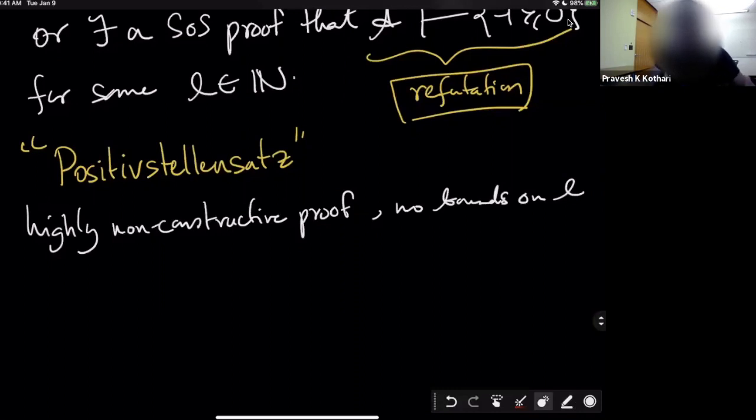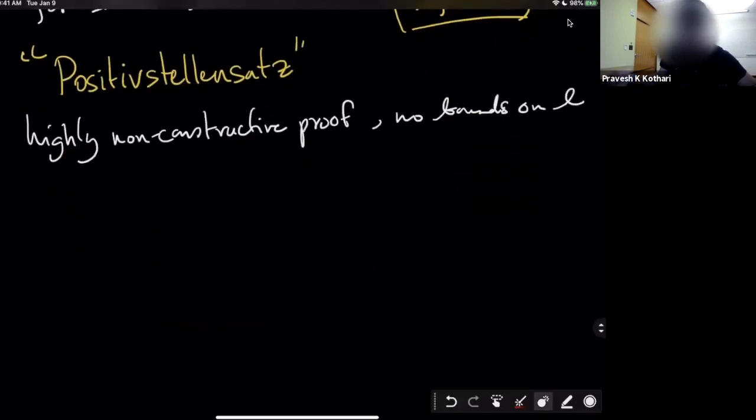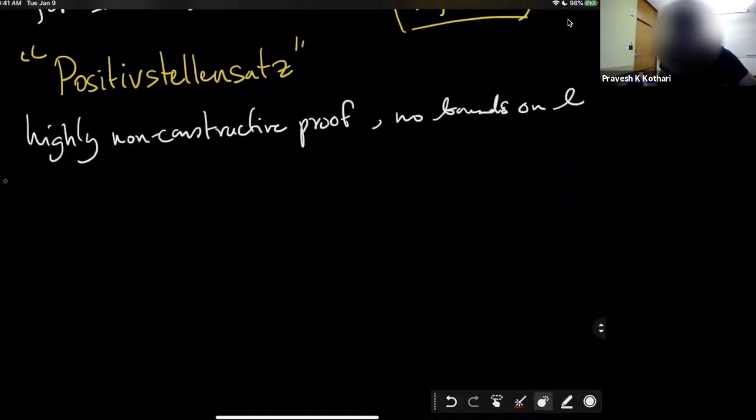You have to work for any interesting result. You can't hope to coast on the shoulders of Krivine and Stengel. But just so that I pointed out, very good.